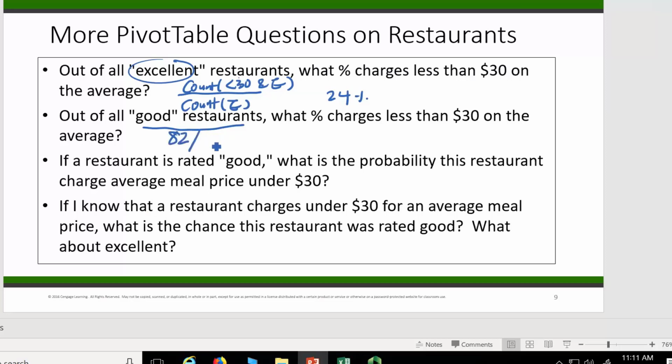So you said 82 divided by 84? That's correct, 98%. Wow, so that's a big majority. Yeah, that's a big difference, 24% versus 98%, and that makes sense, right? So good restaurants can afford to charge that much, and so most of them have under $30.